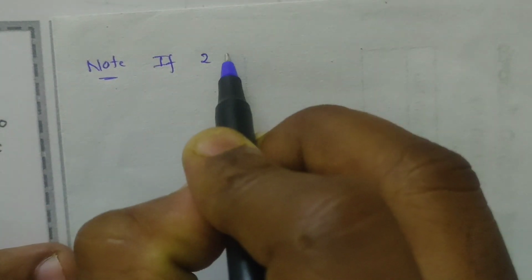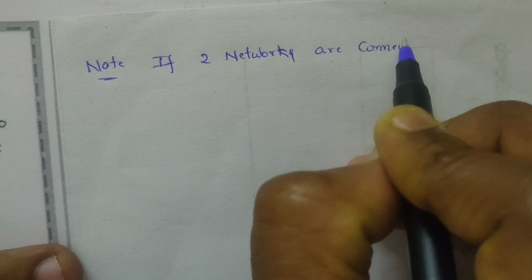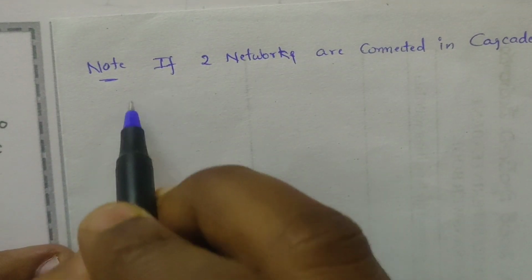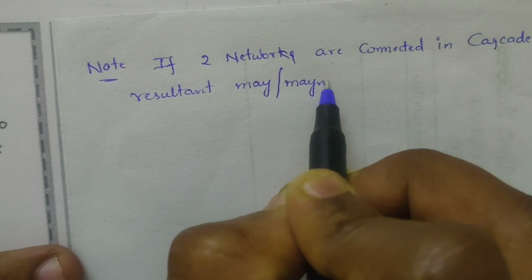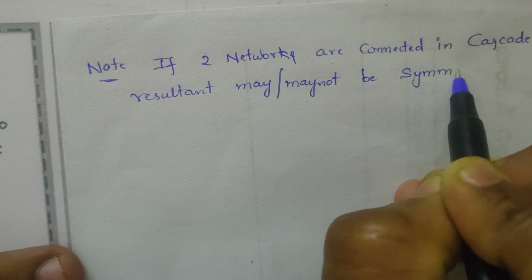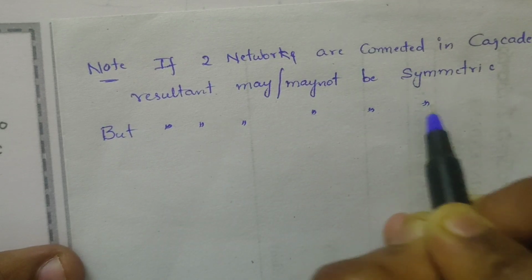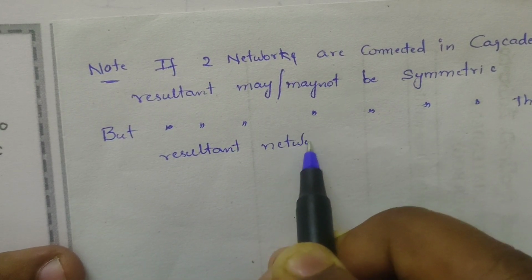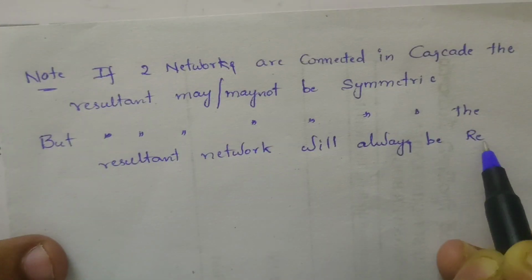Note: if two networks are connected in cascade, the resultant may or may not be symmetrical, but the resultant network will always be reciprocal.